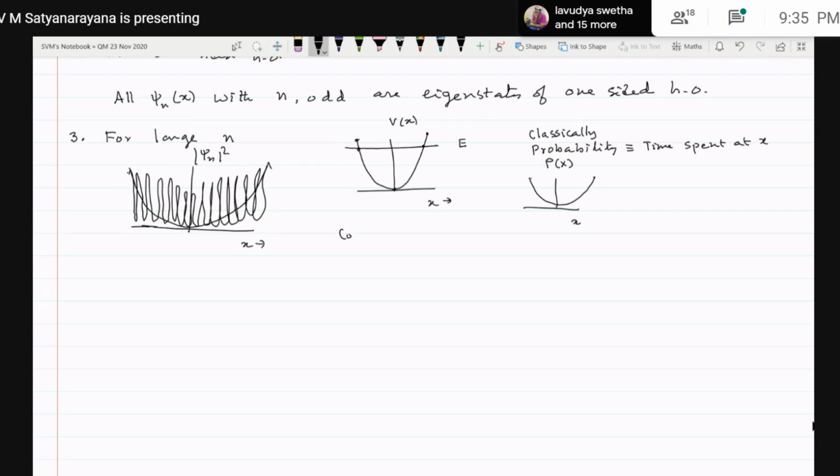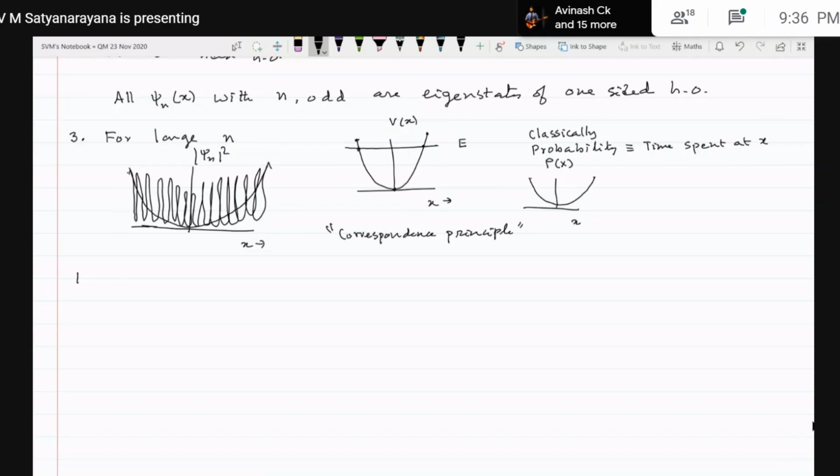This is what one calls the correspondence principle. For large quantum numbers, your quantum system will behave like a classical system.